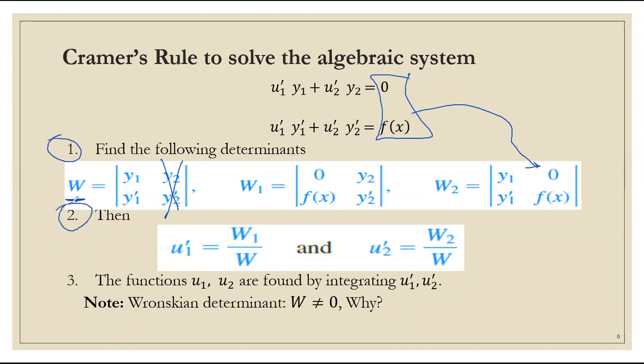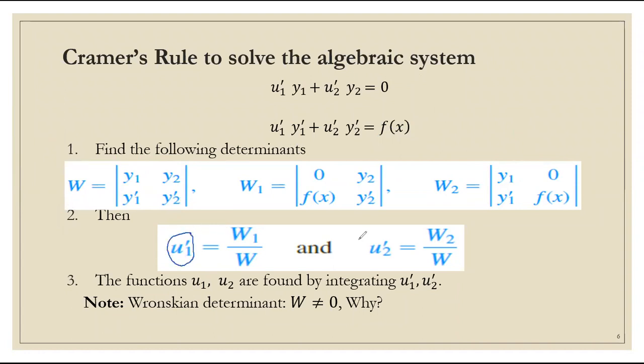Second step is to write your unknowns u1 prime and u2 prime using this rule. So u1 prime is W1 over W, and u2 prime is W2 over W. I'm not sure if you studied this method in secondary school, but those who studied linear algebra find it very easy. Third step is to integrate u1 prime and u2 prime.